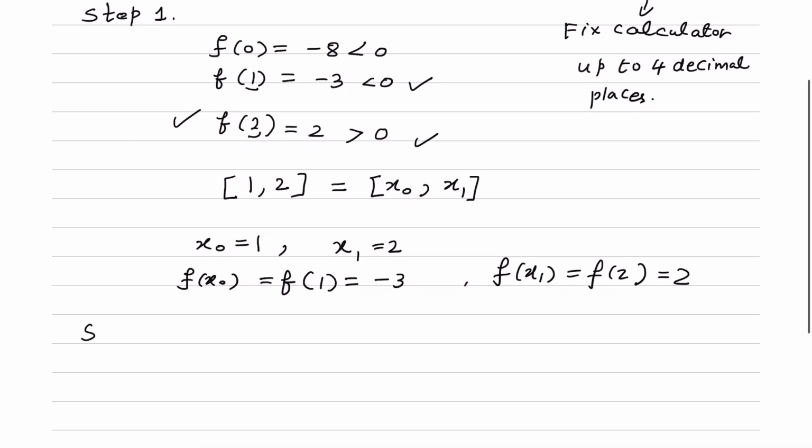After finding the interval, the next step, step 2, is to write the formula for the secant method.